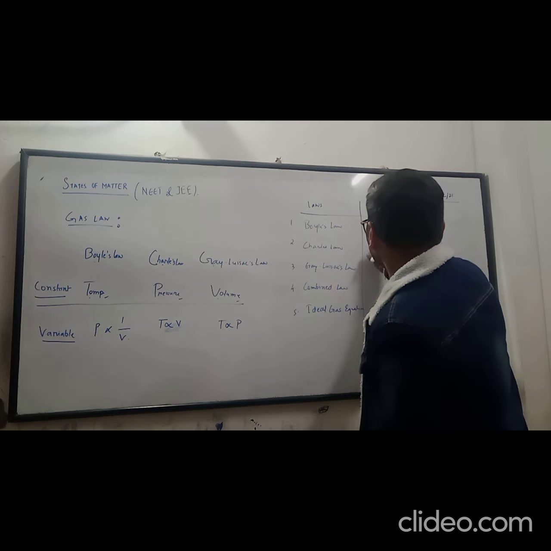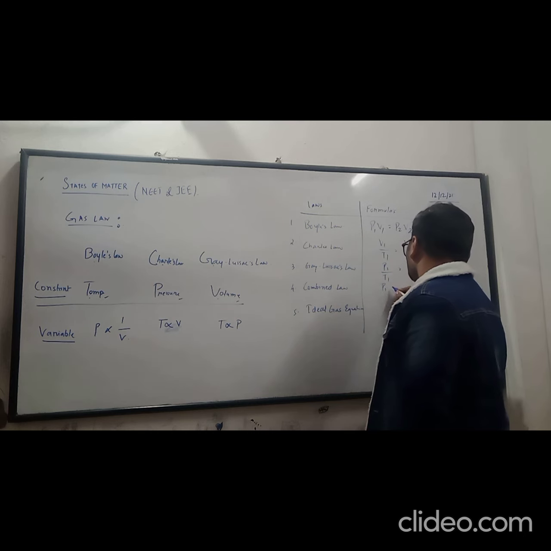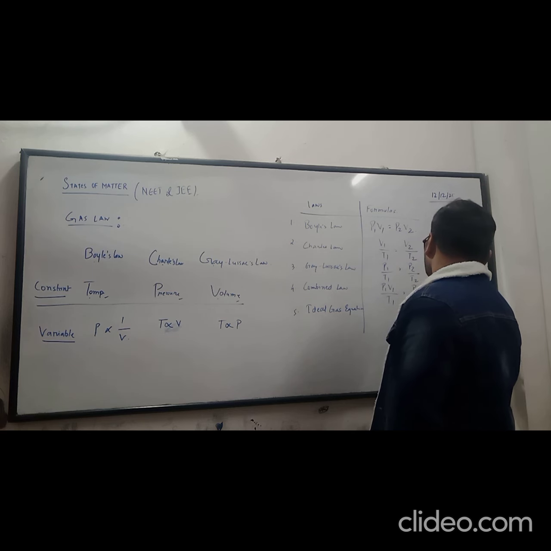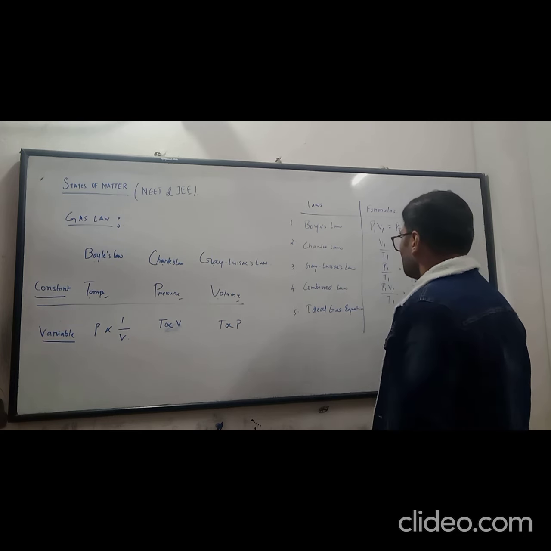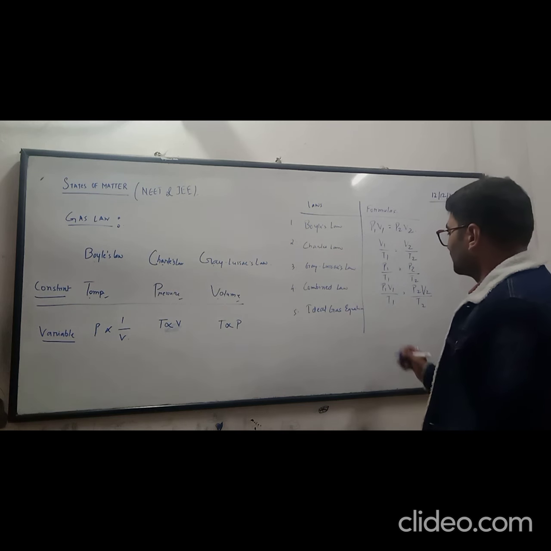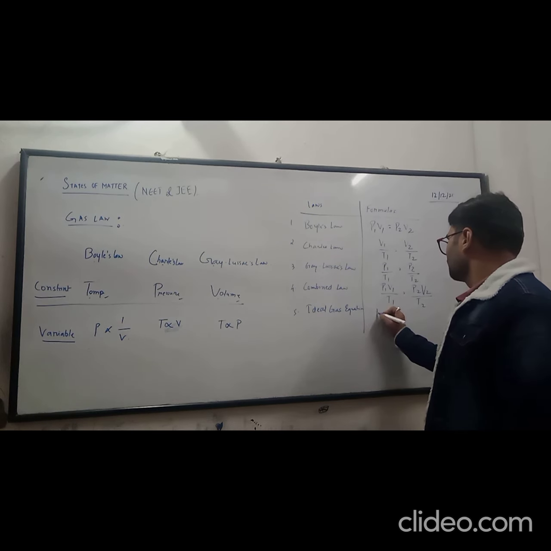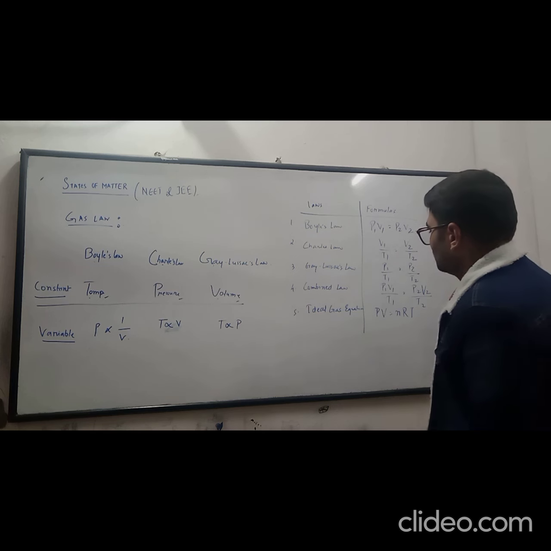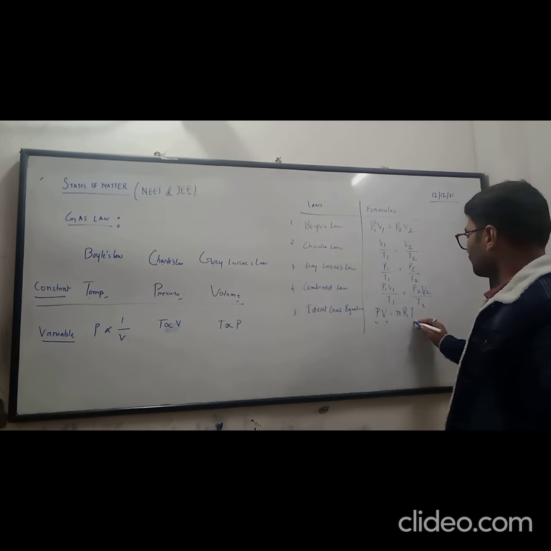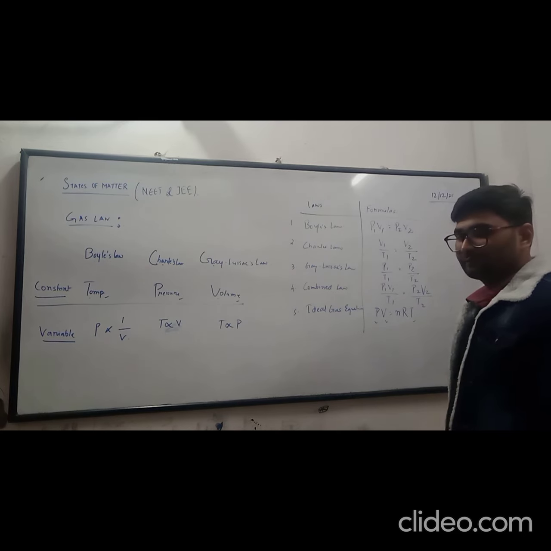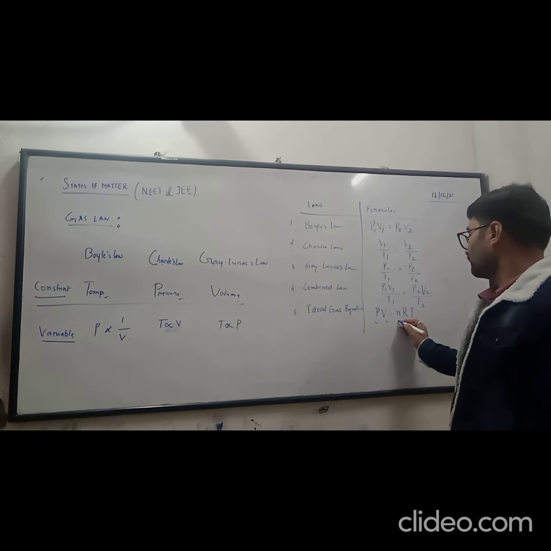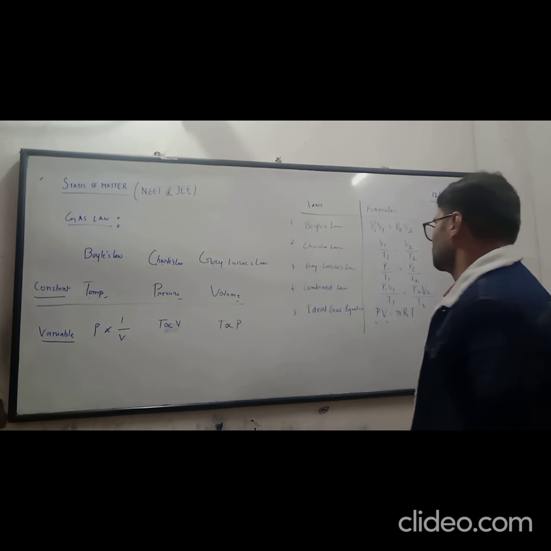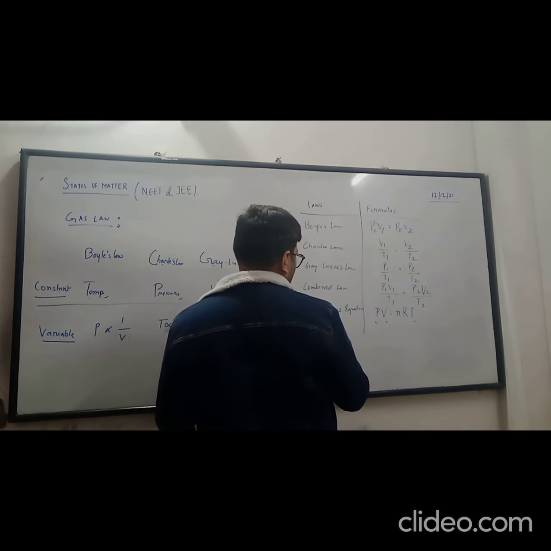Combined law, a combination of these, is P1 V1 by T1 is equal to P2 V2 by T2. And the final one, the ideal gas equation, is PV equal to nRT. Along with pressure, volume, temperature, two new things come out: n, the number of moles, and R, the gas constant.